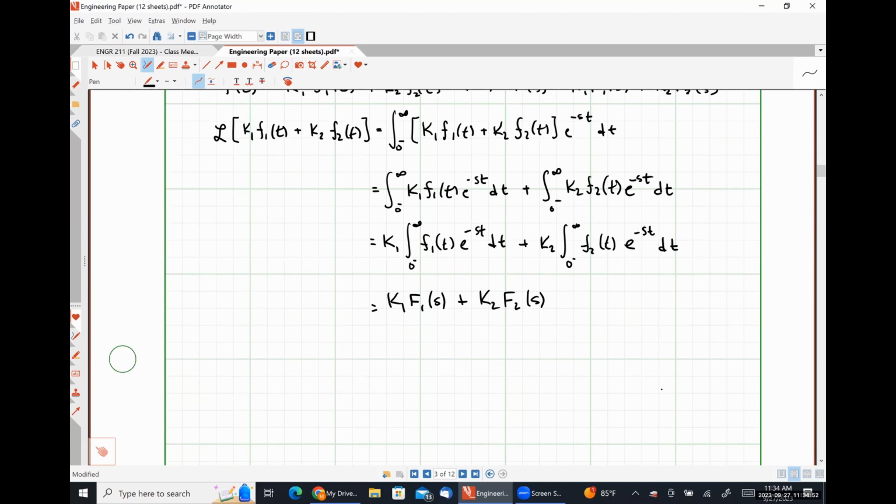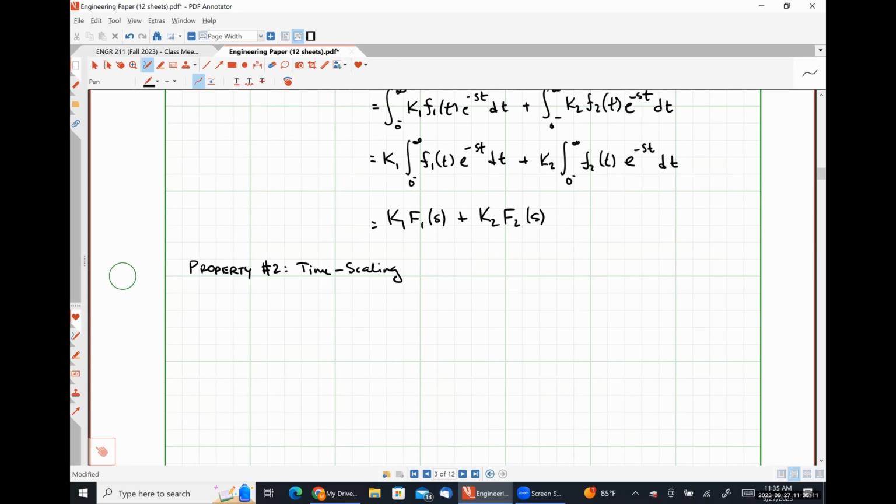The second property that I want to look at is the time scaling property. So the time scaling property is as follows. If we have a function f of at, where our variable is scaled by a factor, right? So think of scaling by positive a as stretching the time axis.